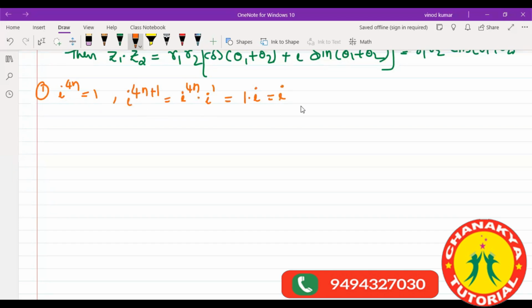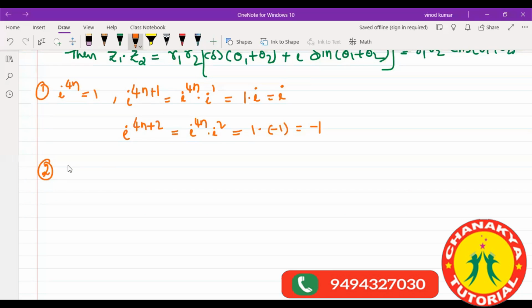I to the power of 4n plus 2 means i to the power of 4n into i square. So i power 4n is 1, i square is minus 1, so that value is minus 1. And 4n plus 3 is minus i.